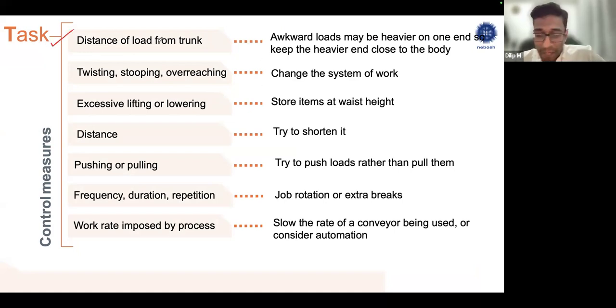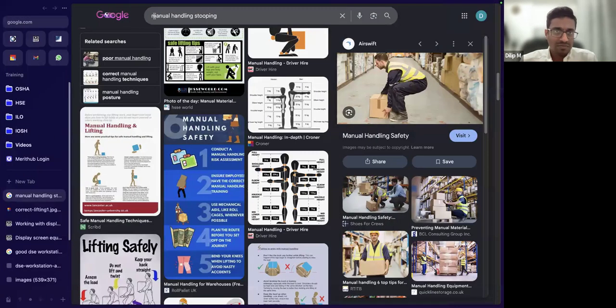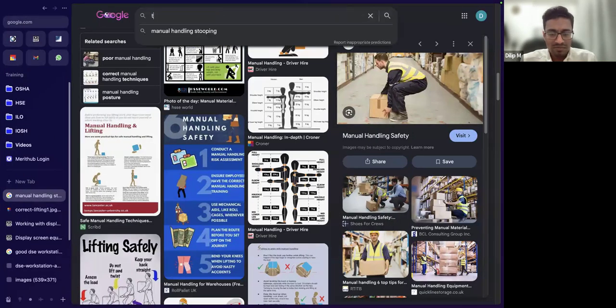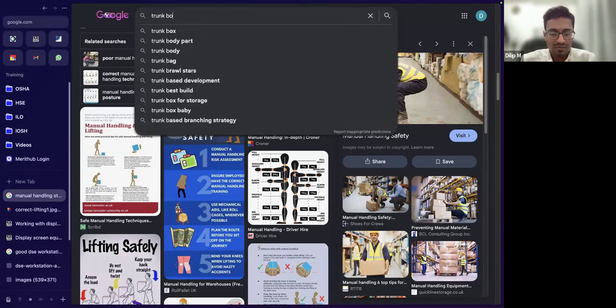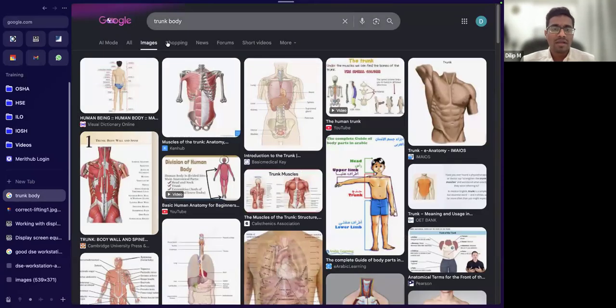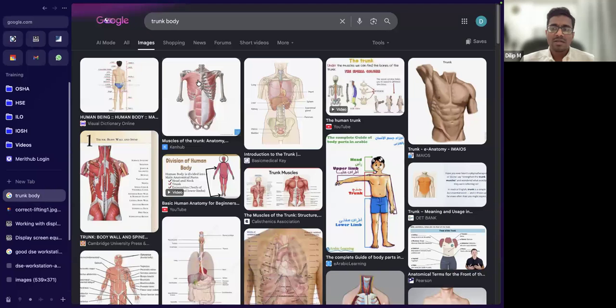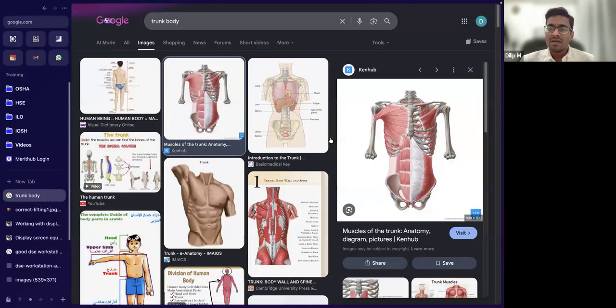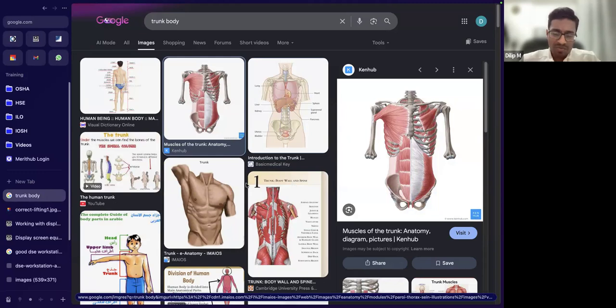So what is the trunk? Excluding your limbs is called your trunk. So this part is your trunk. Excluding your upper limb and lower limb, this part of the body is called the trunk.